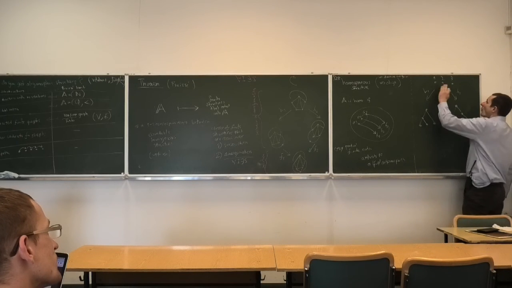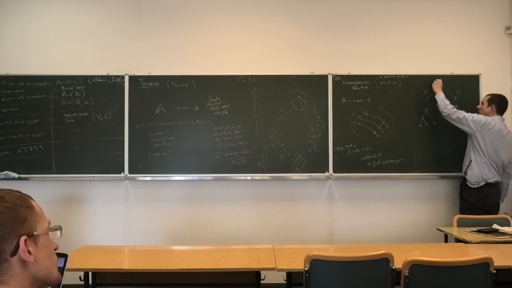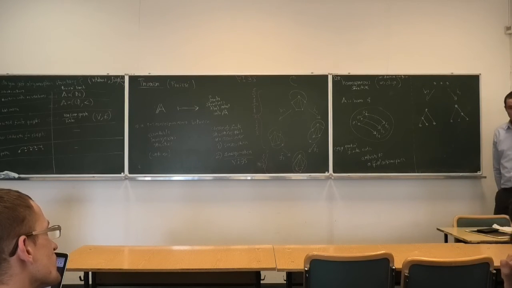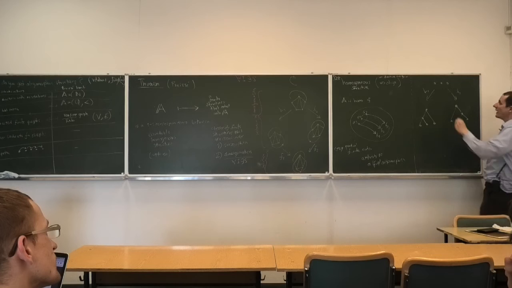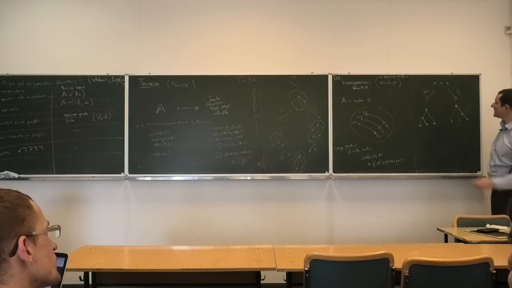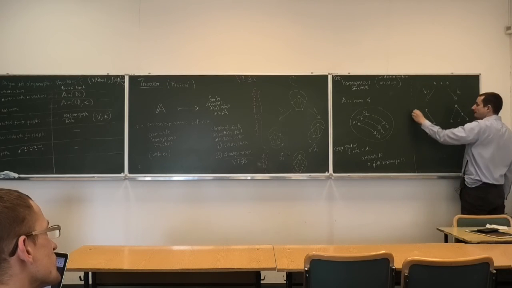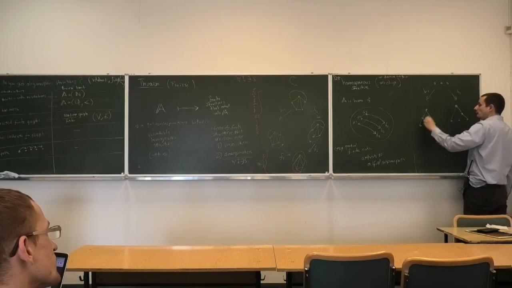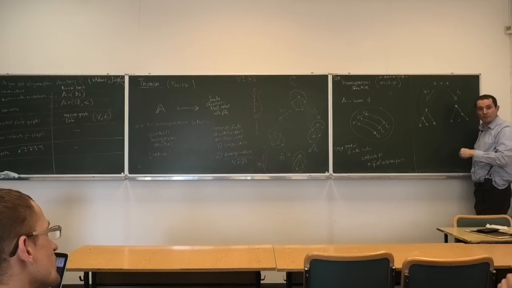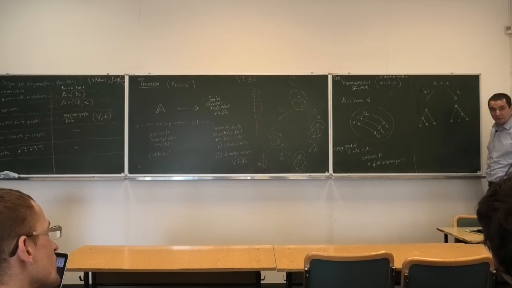So what I meant, the structures we're working with are just forests. And then H1 is defined to be this embedding, and H2 is defined to be the similar embedding.